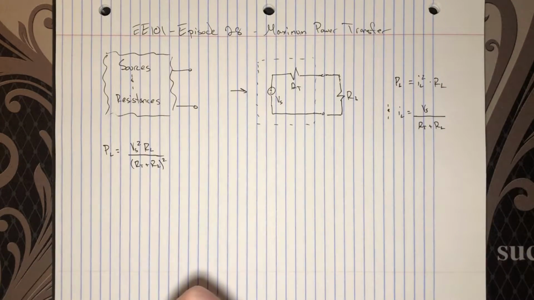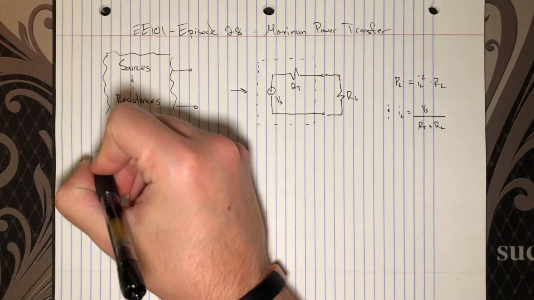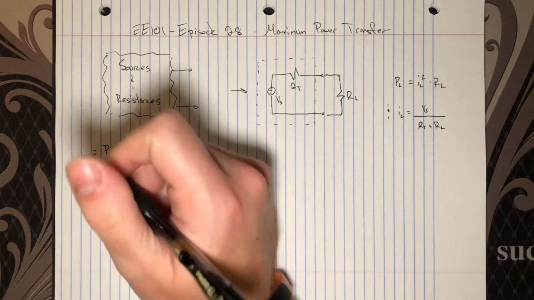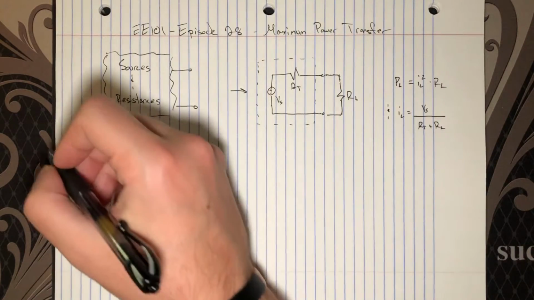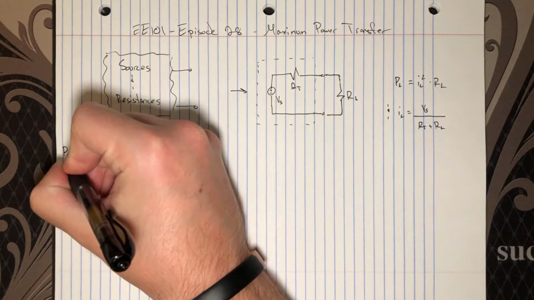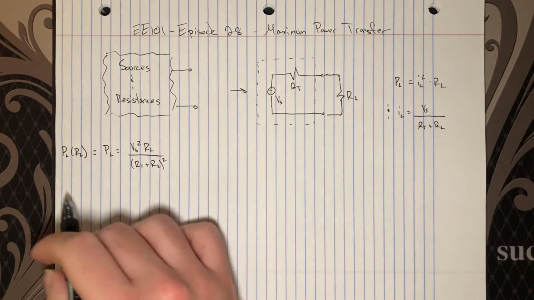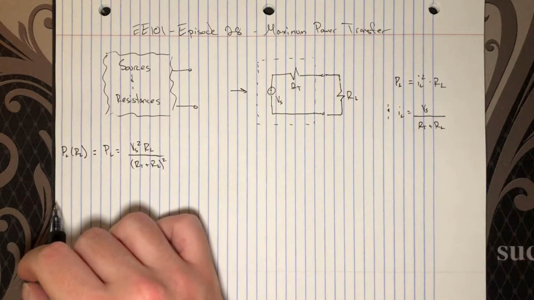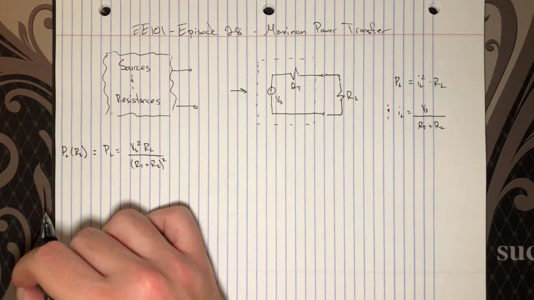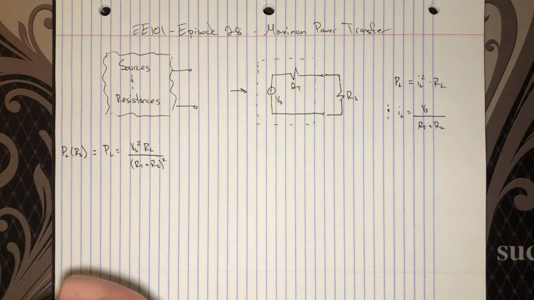And really the right way to approach this is just to treat this equation for the load power as a function of the load resistance. And when you look at it that way, it's easy to see how you can treat this function with a derivative.